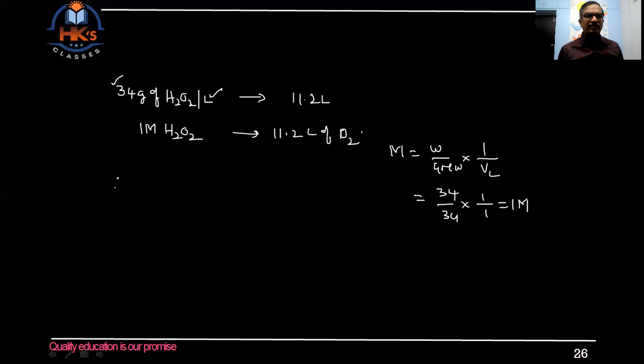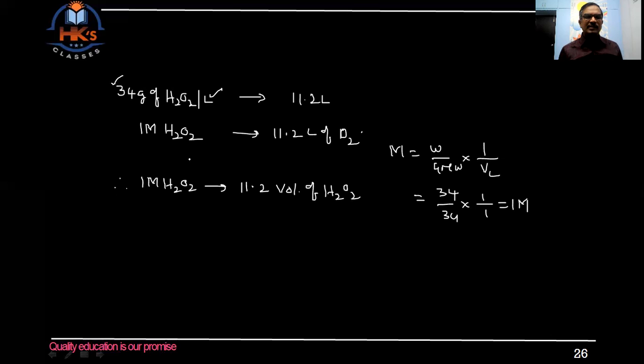Therefore, 1 molar H2O2 means 11.2 volume of hydrogen peroxide, because 1 mole of H2O2 is present in 1 liter, that means the solution is 1 liter. If we decompose this 1 liter solution of hydrogen peroxide, how much oxygen are we getting? 11.2 liters. So as per the standard definition, the volume strength of hydrogen peroxide is 11.2 volume.